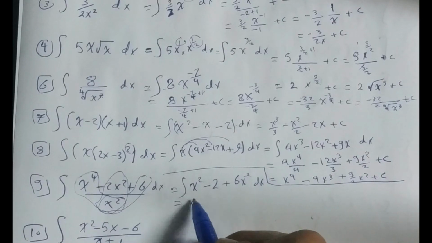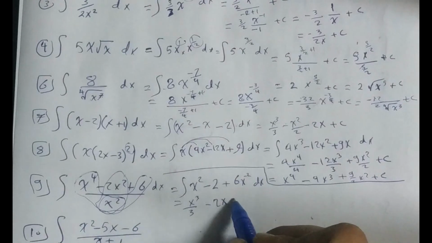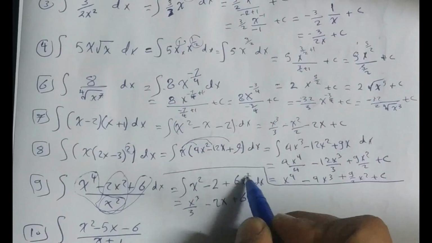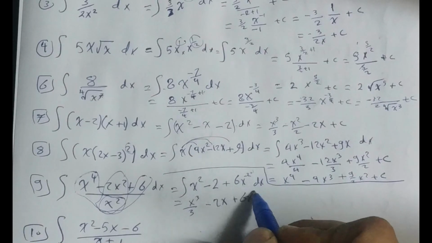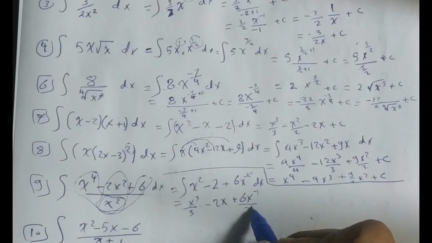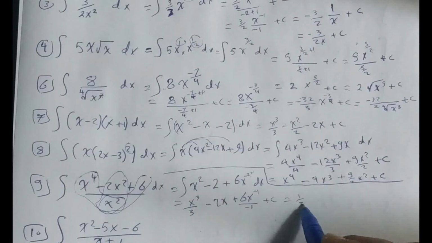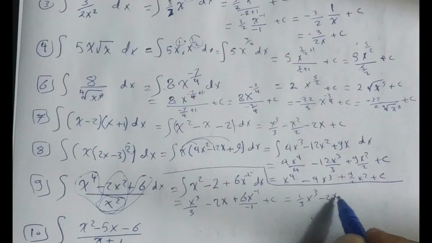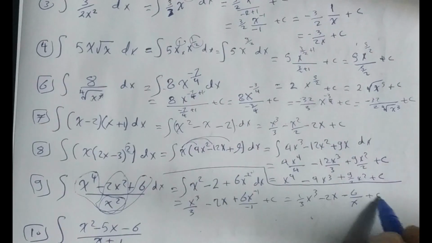So it will be x^3 over 3 minus 2x plus 6x, add 1 and divide by the new power. Negative 2 plus 1, negative 1, divide by negative 1, plus constant. We can write it as a third x^3 minus 2x minus 6 over x plus constant.